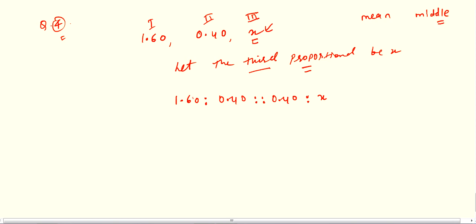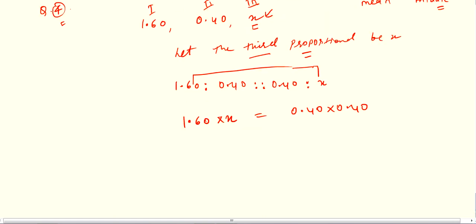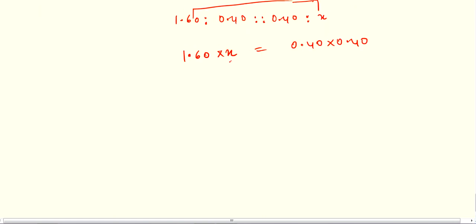Clear? So first into last equals means into means: 1.60 into x equals 0.40 into 0.40. Now we have to find x. So x equals 0.40 into 0.40.